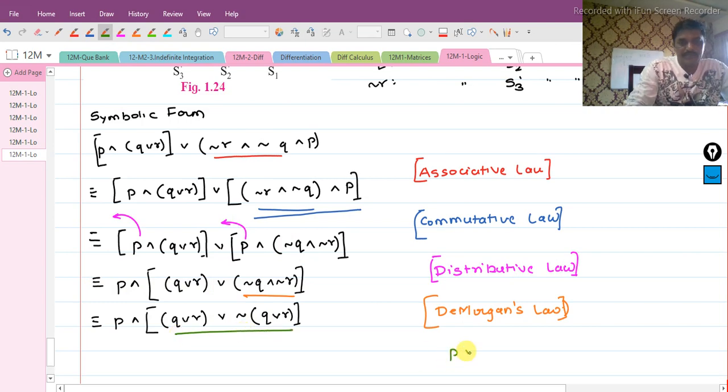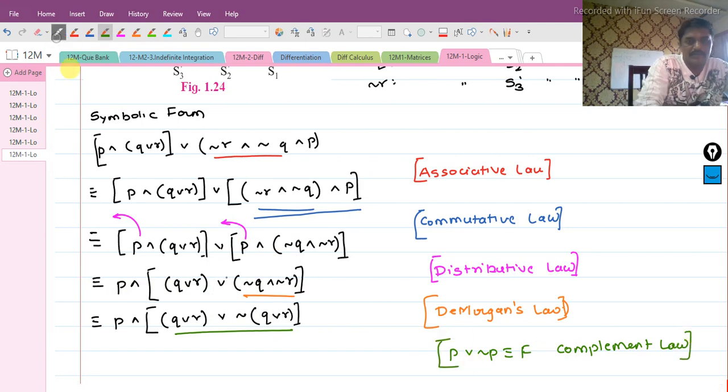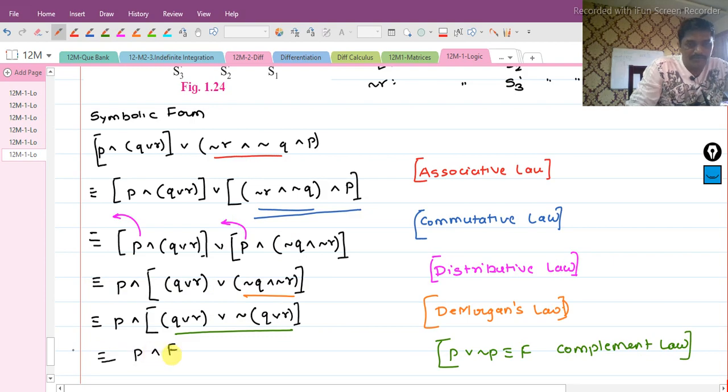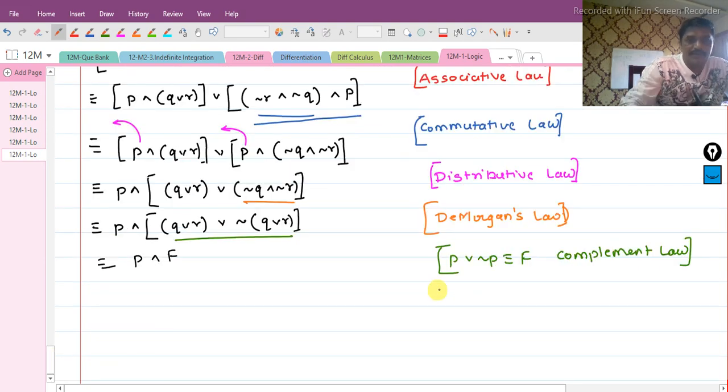This is P or negation P. This is false, and that's a complement law. Complement law अगर हम यहाँ पर यूज करते हैं, so this is going to be P and false, and P and false is always false.